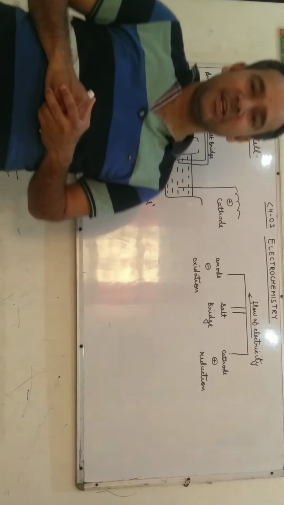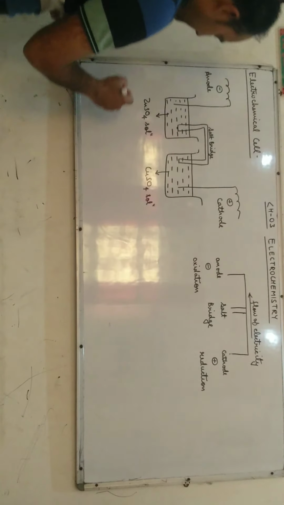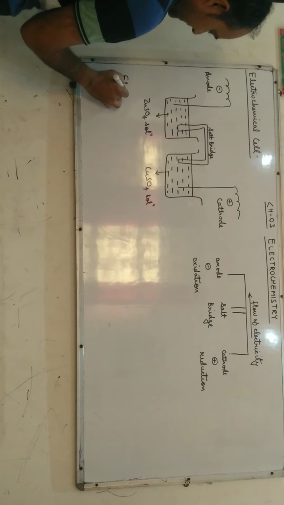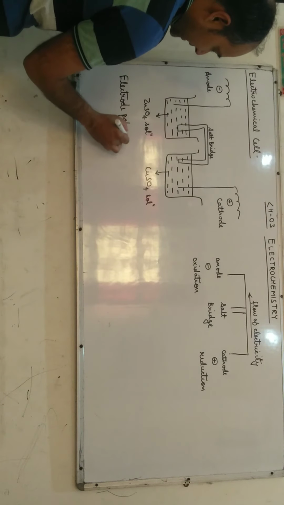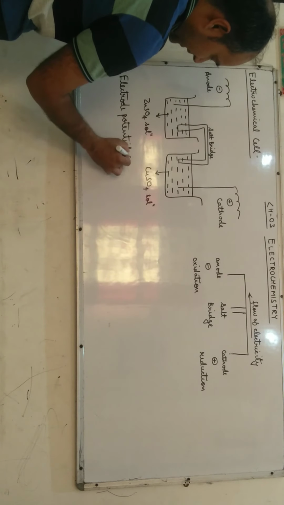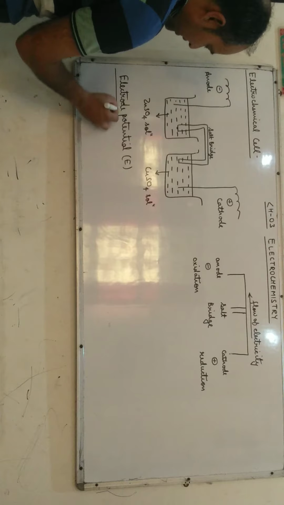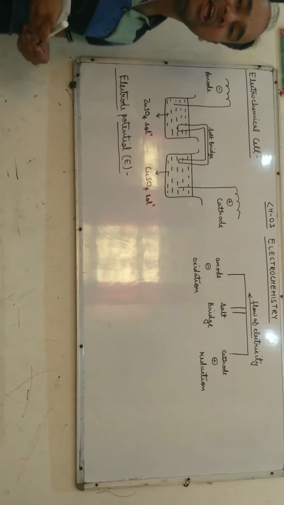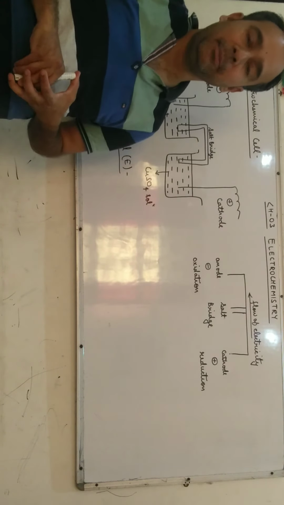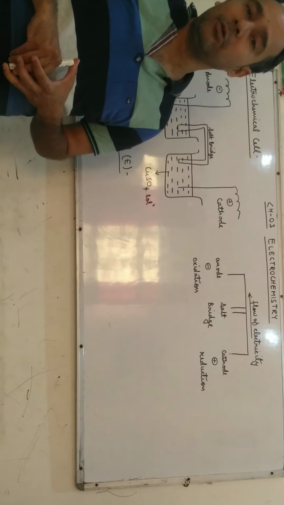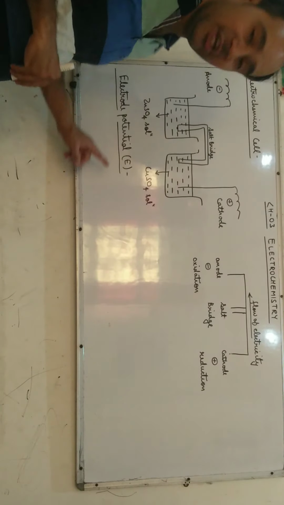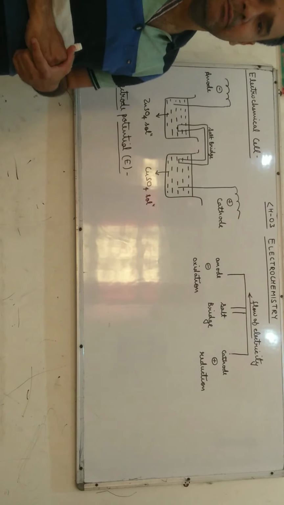Now let us discuss electrode potential. It is represented by capital E. The potential difference developed between the electrode and electrolyte is called electrode potential. It is measured in volts.